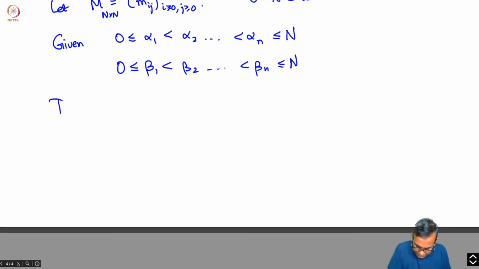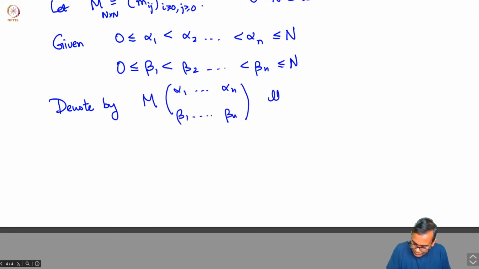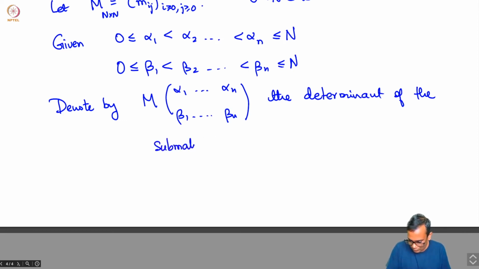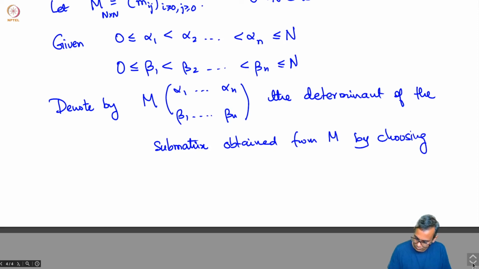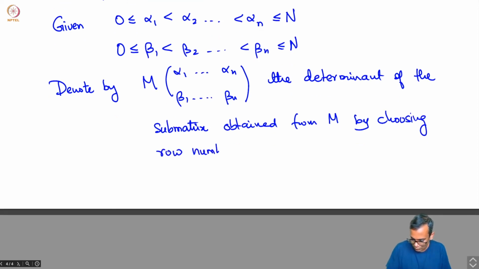Then we denote by M(alpha_1, ..., alpha_n; beta_1, ..., beta_n) the determinant of the submatrix, and the determinant of a submatrix is called a minor, of the submatrix obtained from M by choosing row numbers alpha_1, ..., alpha_n, and column numbers beta_1, ..., beta_n.